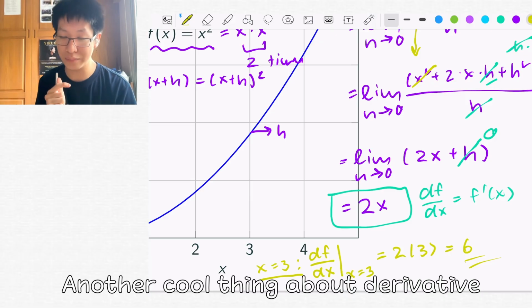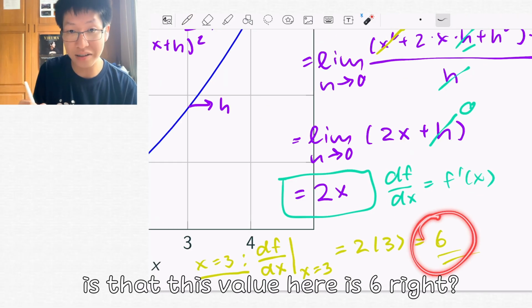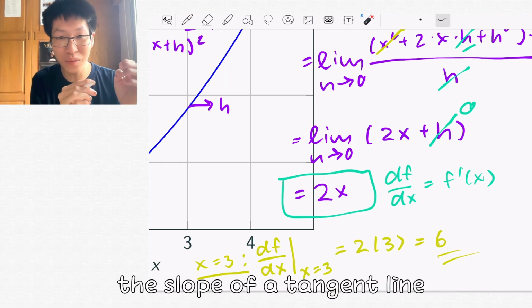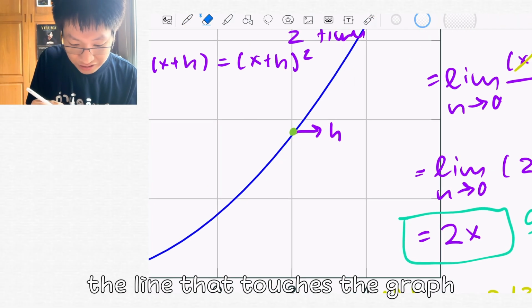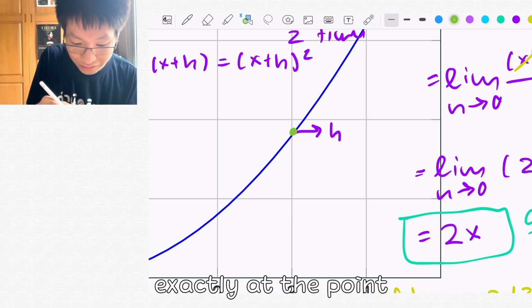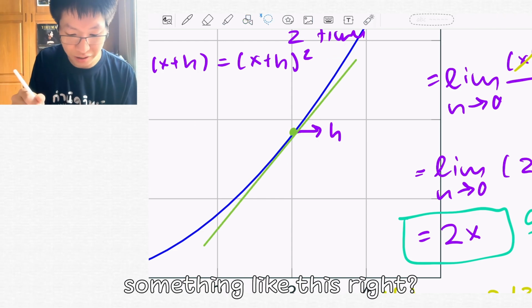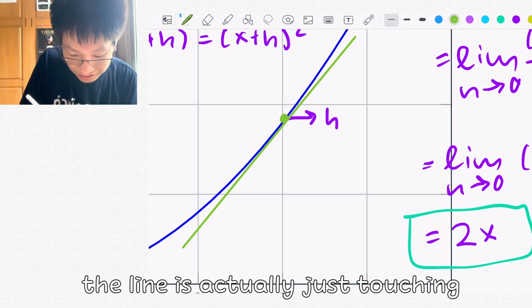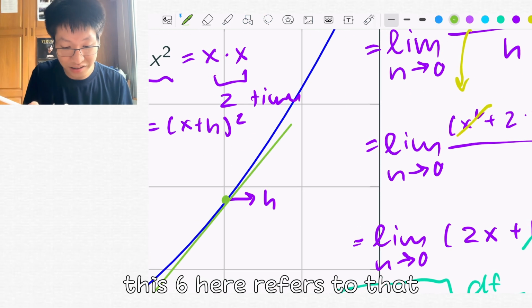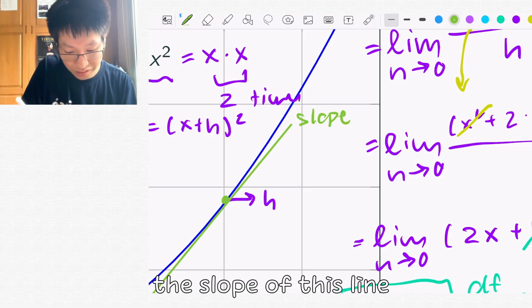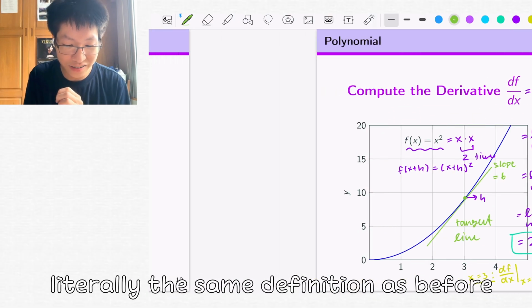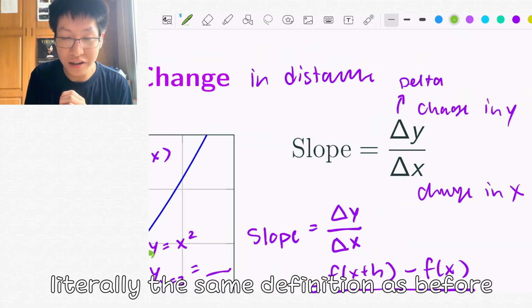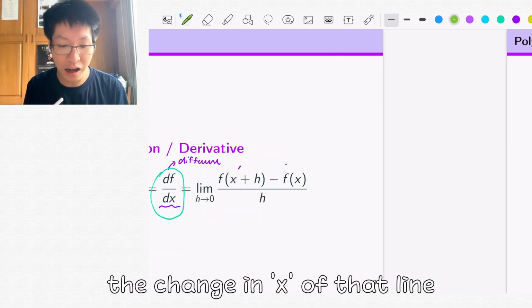Another cool thing about the derivative is that this value here, 6, is actually the same thing as the slope of a tangent line. A tangent line is a line that touches the graph exactly at the point, something like this. The slope of this line is equal to 6, and a slope of 6 is literally the same definition as before: the change in y divided by the change in x of that line.